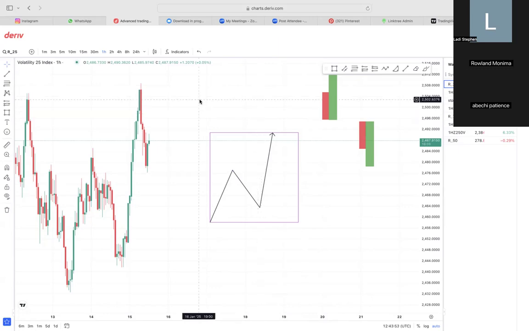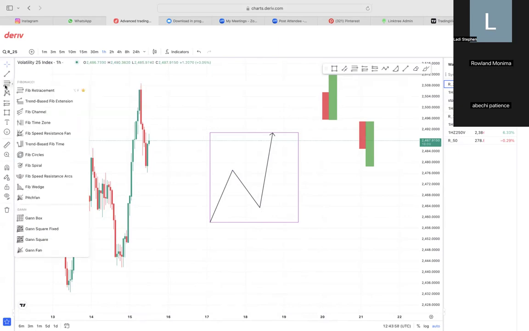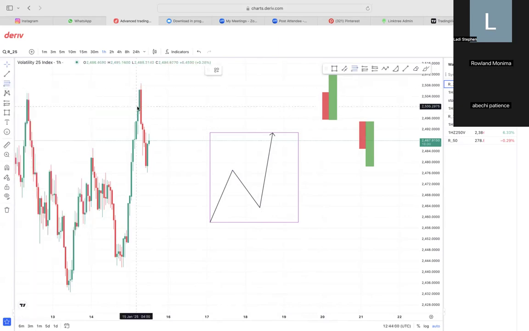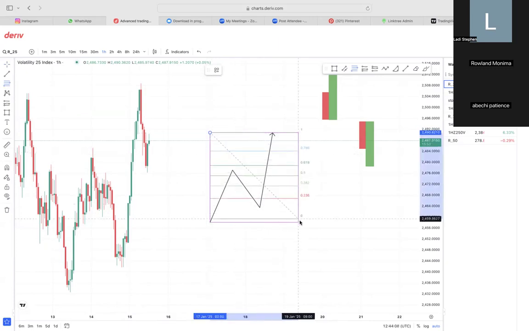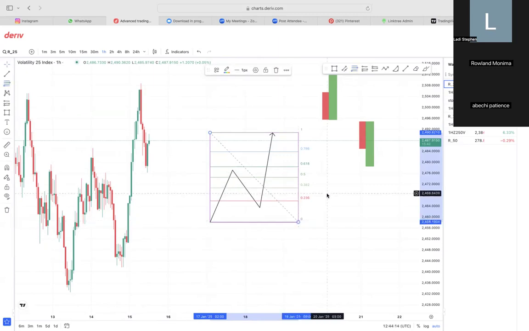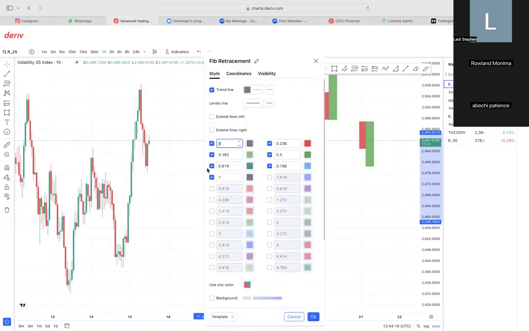So here we introduce you to a tool called the Fibonacci tool. Now, this is a mathematical tool that calculates for you. It has done the maths. It is said that when market goes up, market will come down. When market comes down, market will surely go up again.